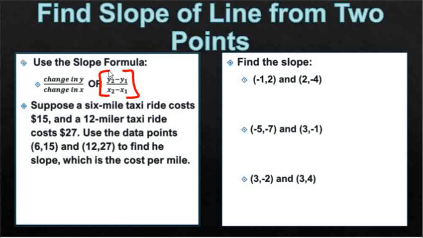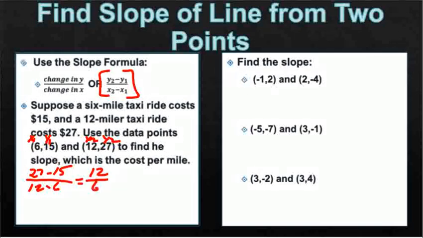We use the data points (6, 15) and (12, 27) to find the slope. x1, y1, x2, y2. So 27 minus 15 divided by 12 minus 6. Here we would get 12 divided by 6, which would give us a total of 6. So $6 per mile.